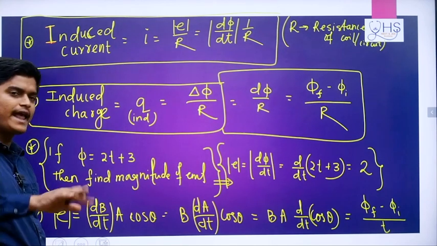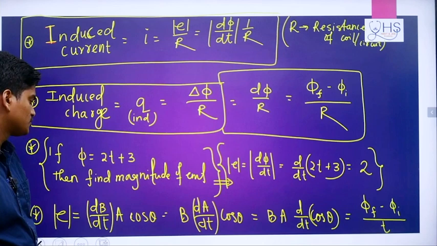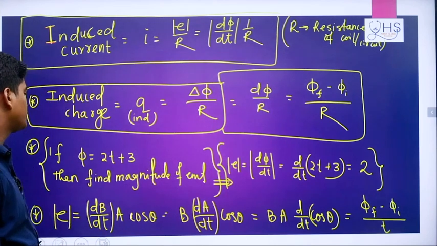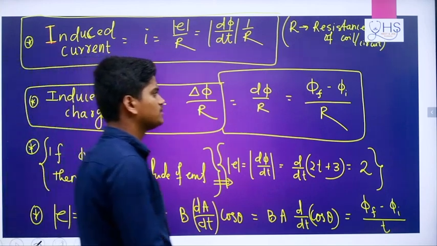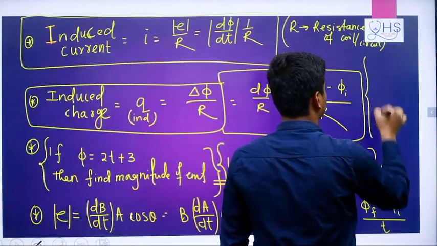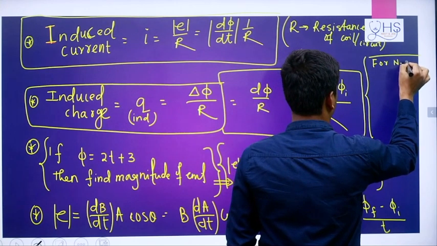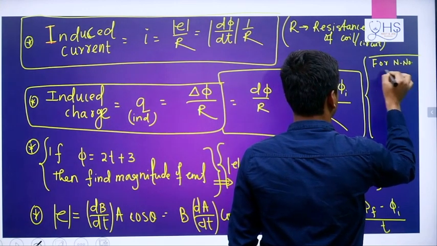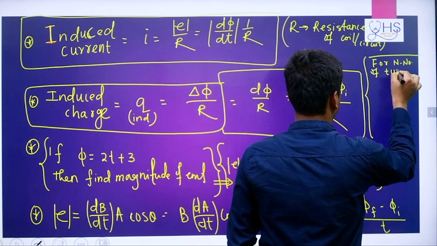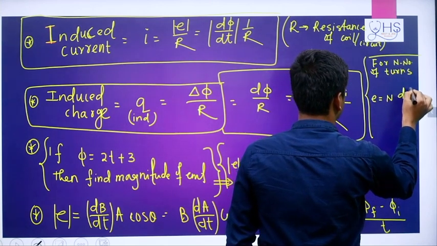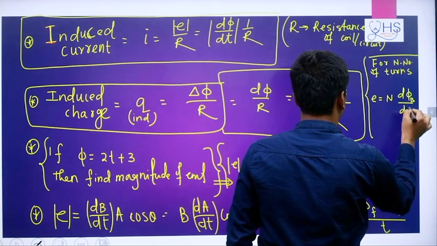Or if there are n number of turns, for that purpose also you can write the EMF. So for n number of turns, we write EMF equals n d phi b by dt.